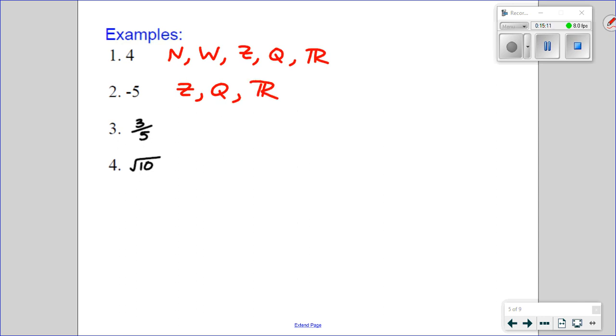All right, 3/5, which is a fraction, means it's a rational number, and of course, it's also a real number. Okay, square root of 10, that's where you're taking the square root of a non-perfect square. That's going to result in an irrational number, a decimal that never ends and never repeats. But of course, it is also a real number.